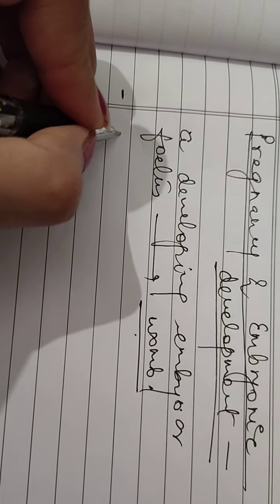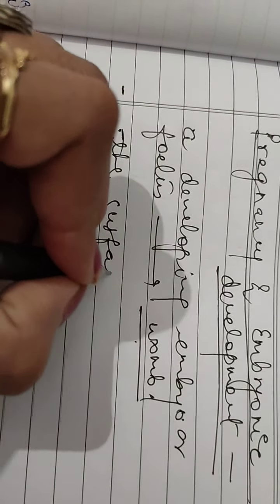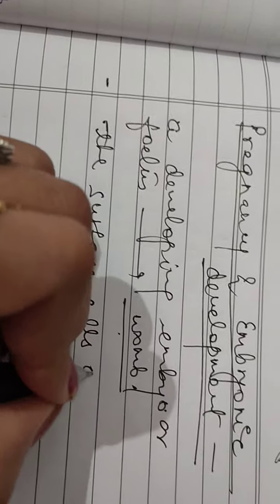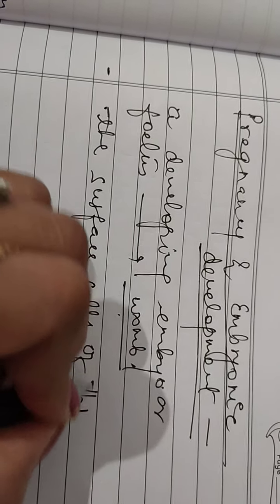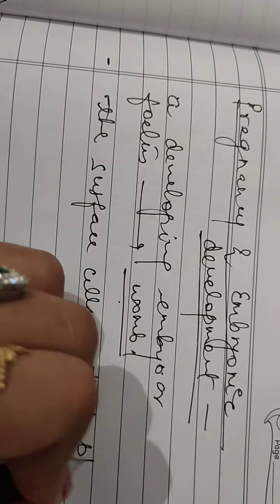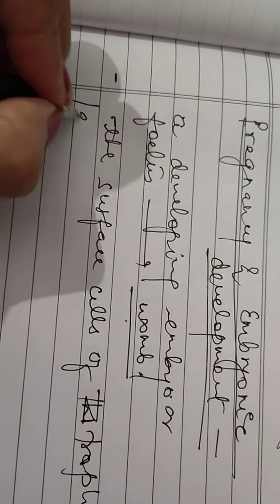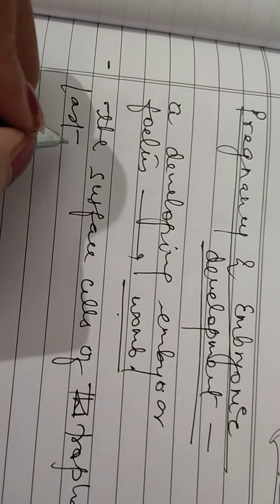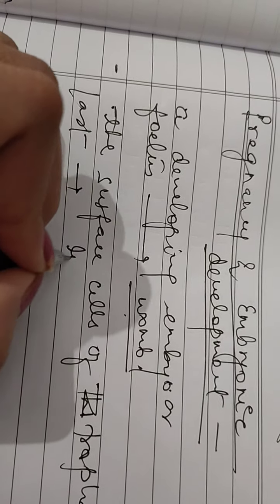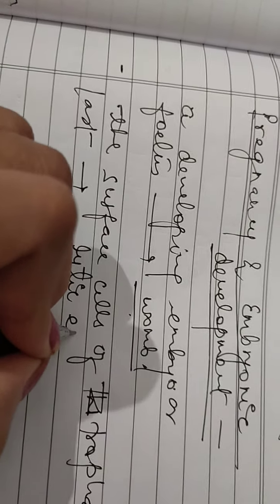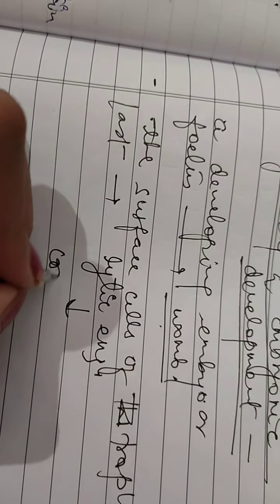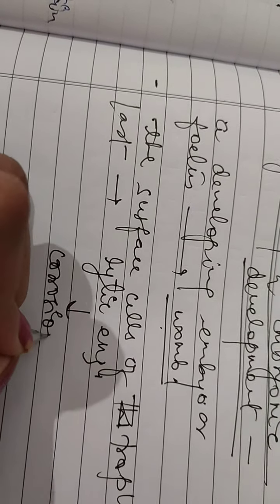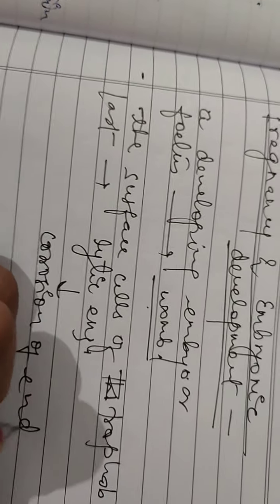So what occurs after implantation? The surface cells of the trophoblast secrete some lytic enzyme, which causes corrosion of the endometrial lining.